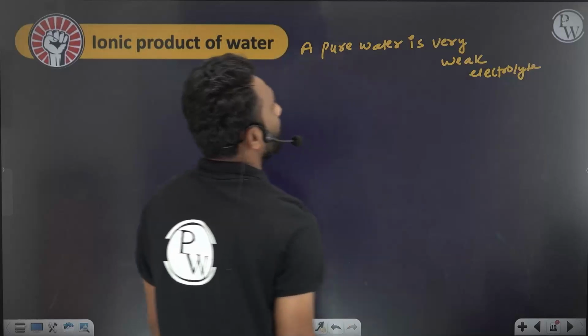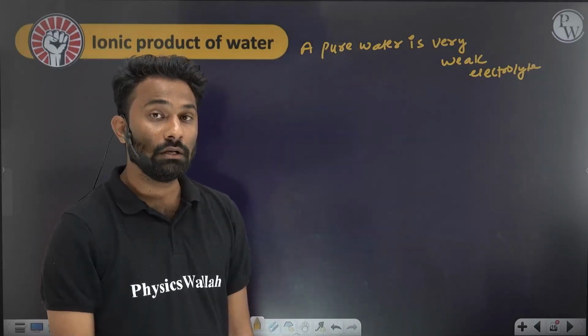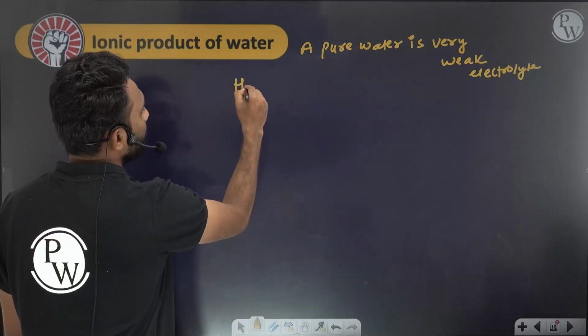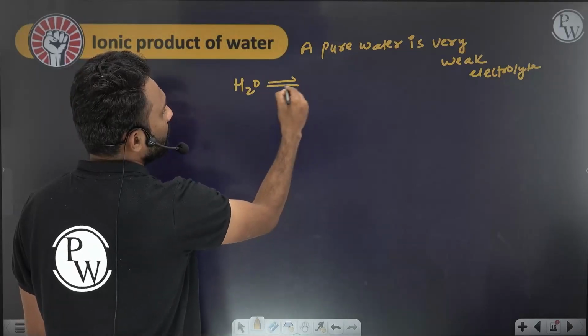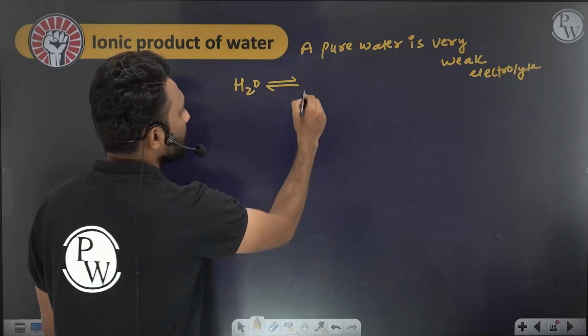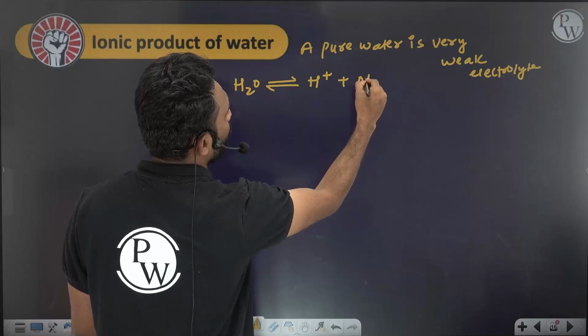Ionic product of the water. Now, pure water is what? Very weak electrolyte. Very weak electrolyte, H2O. Weak electrolyte alla. Weak electrolyte ande it will not completely dissociate. Partially dissociate. Now, H plus and the OH minus.